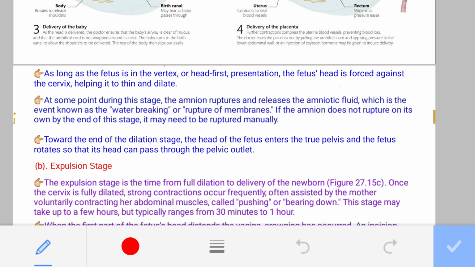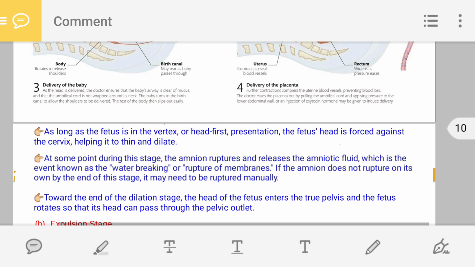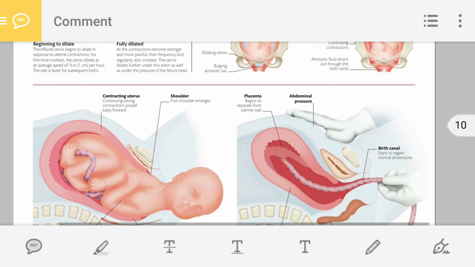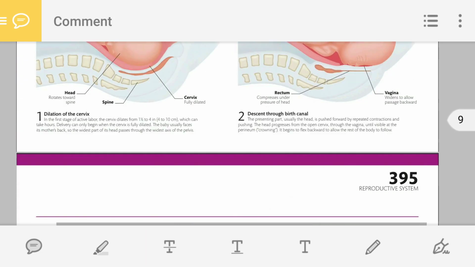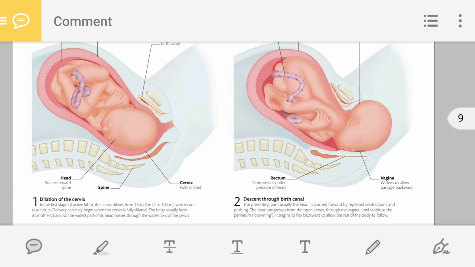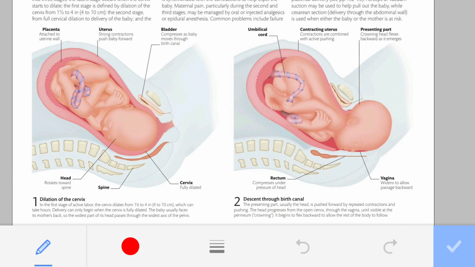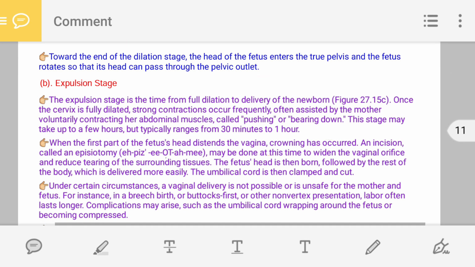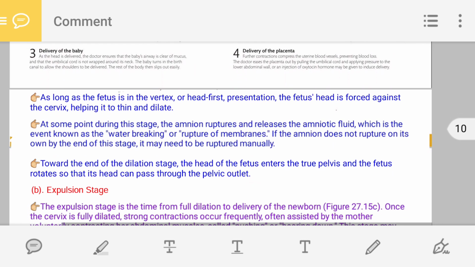Now this point, head first presentation. Okay, so the baby's head is pointed towards the cervix. That is the meaning of this, as you can see. The baby's head, so head first, that means the head is towards the cervix.